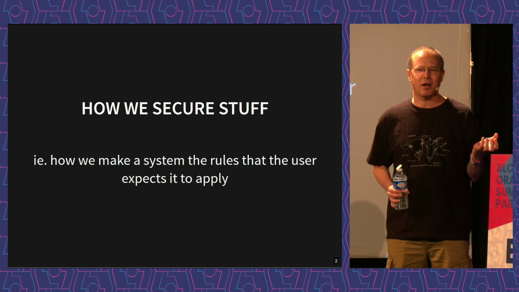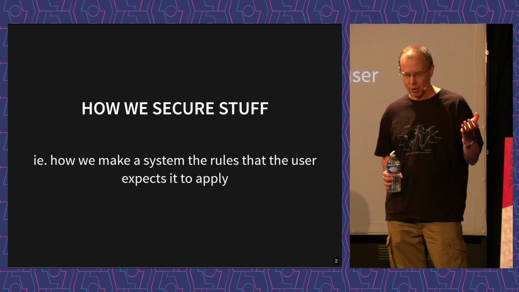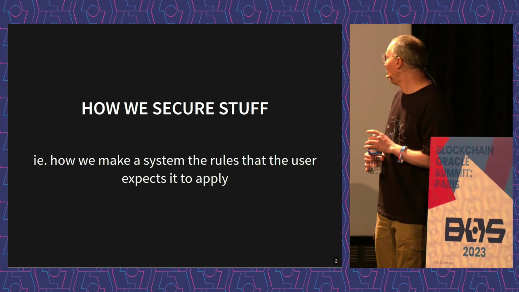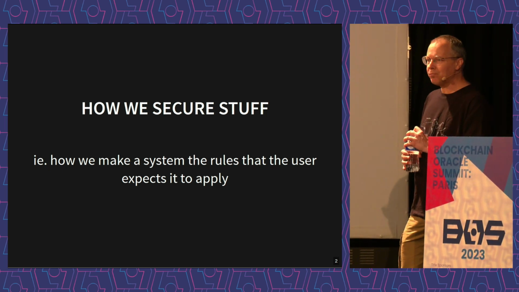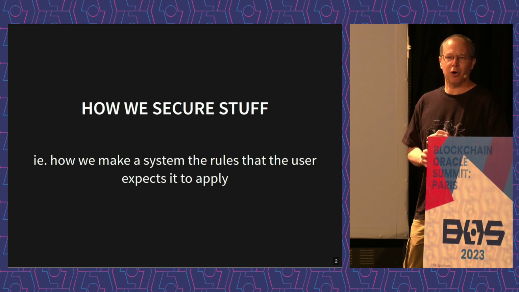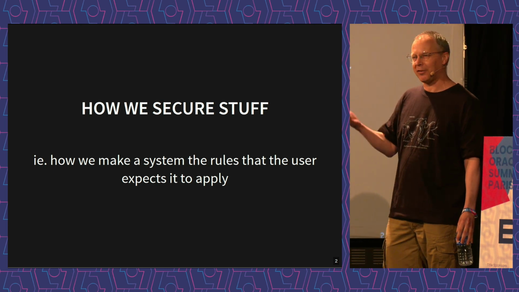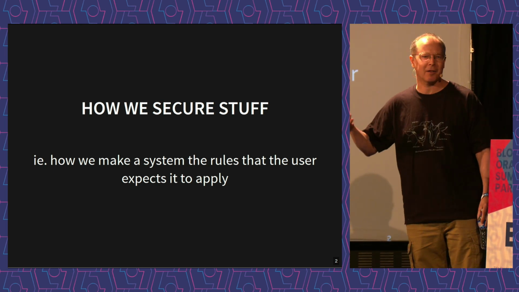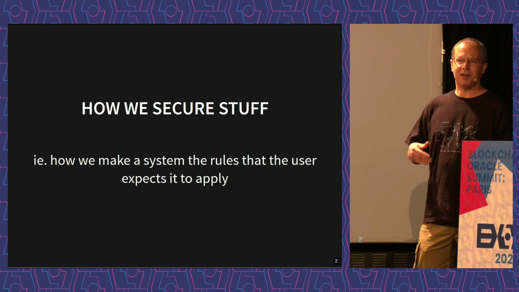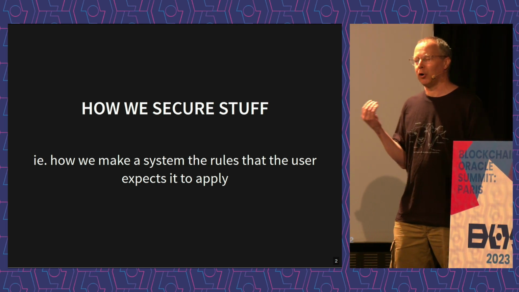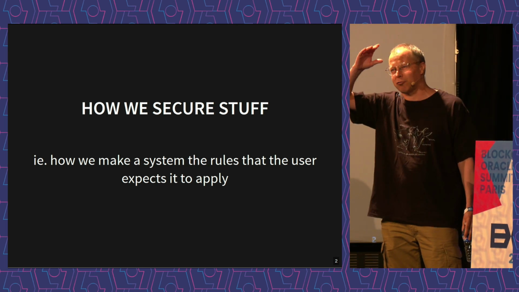How do we secure stuff in crypto economics? How do we secure stuff on blockchains? When I say secure stuff, what we want is to make some rules that are going to get applied by the system, the rules that the user expects. If it's a layer one system like Bitcoin or Ethereum, then you basically want to order transactions.